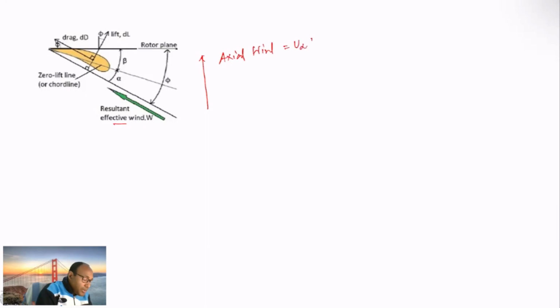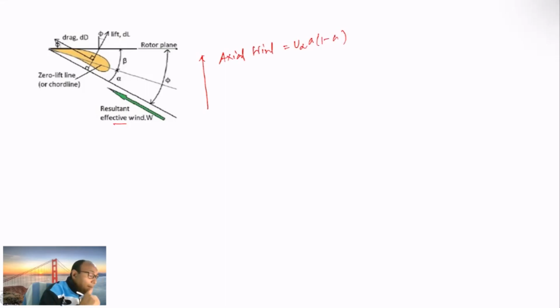This is your resultant effective wind, and your axial wind would be in this direction, which is u infinity into (1 minus a).